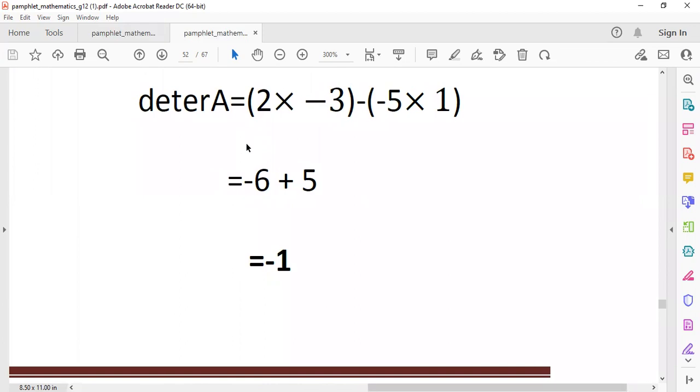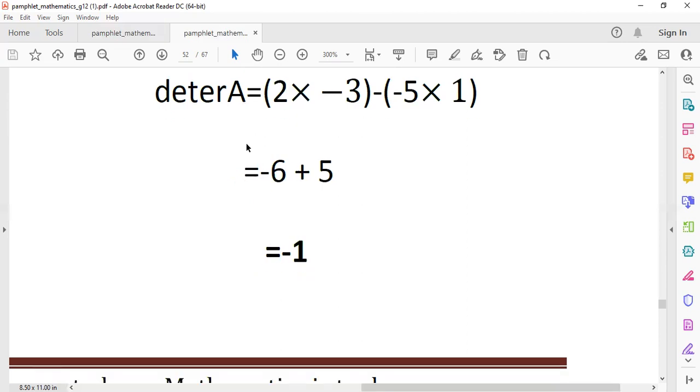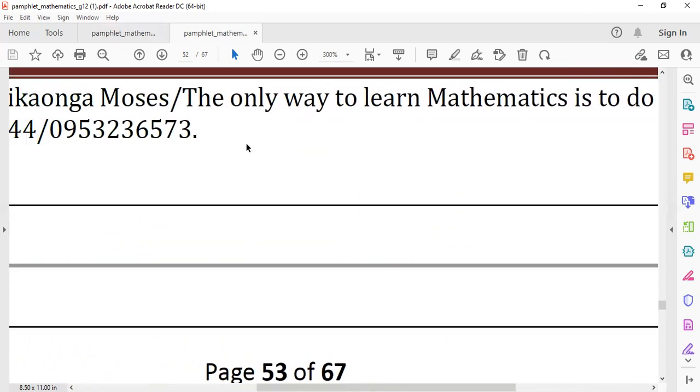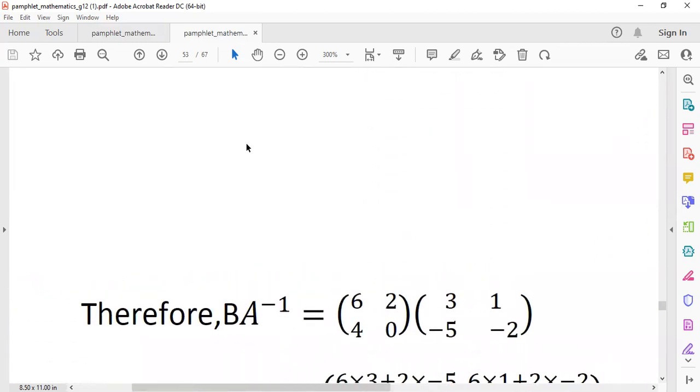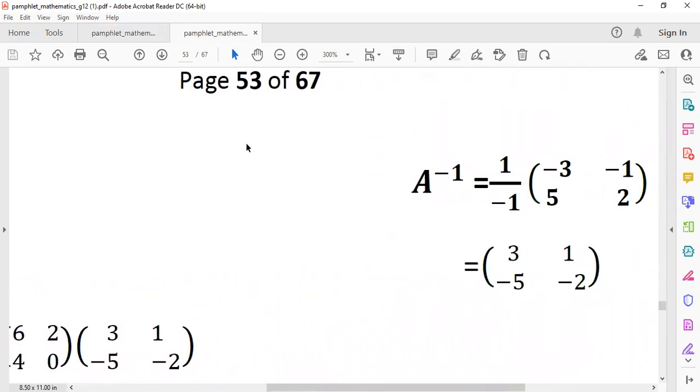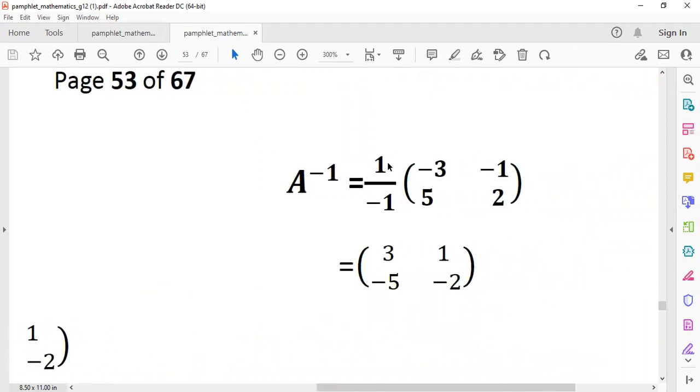Since we know our determinant is negative 1, it's 1 over your determinant, 1 over negative 1. So A inverse is 1 over negative 1.